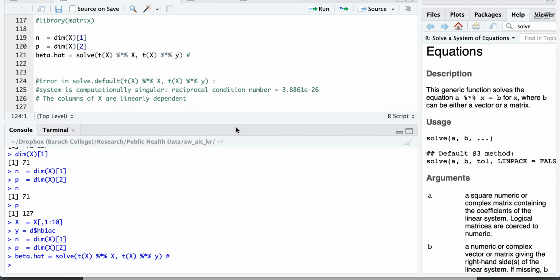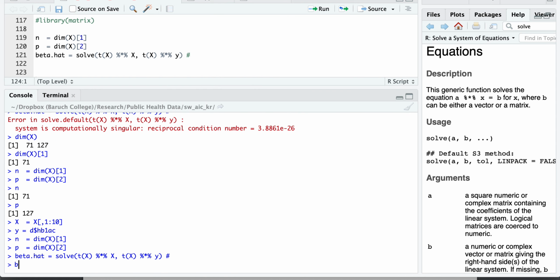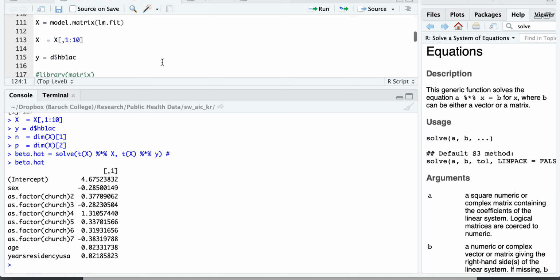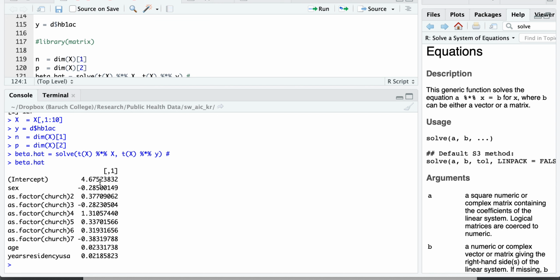And then now we don't have any problem, because there are 10 unknowns and we have 71 observations and we get some estimates.